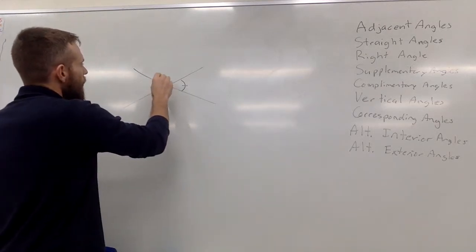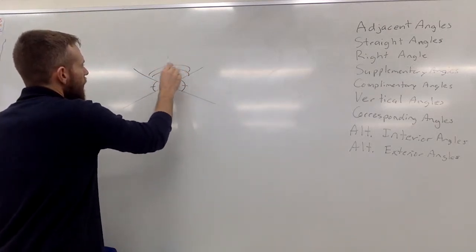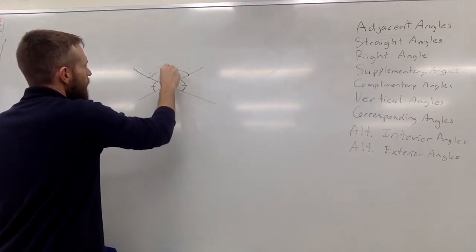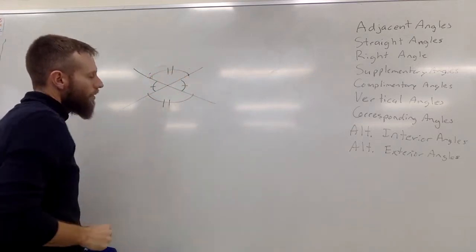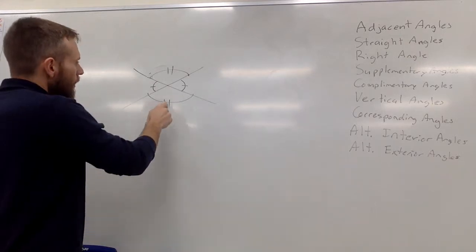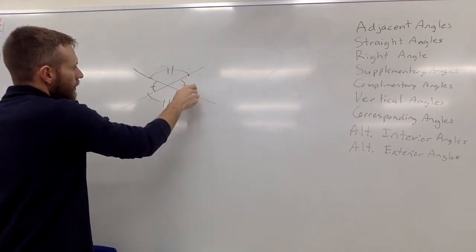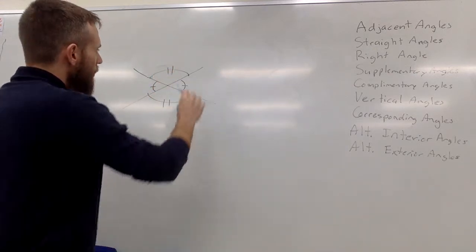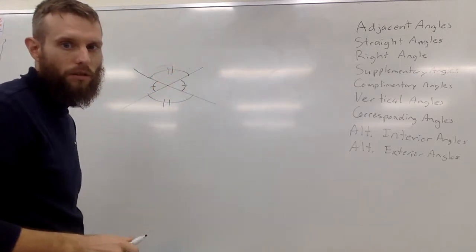Of course, this angle and this angle would also be vertical angles. They wouldn't be the adjacent angle, but the ones across. Angles across when two lines intersect are vertical angles, okay?